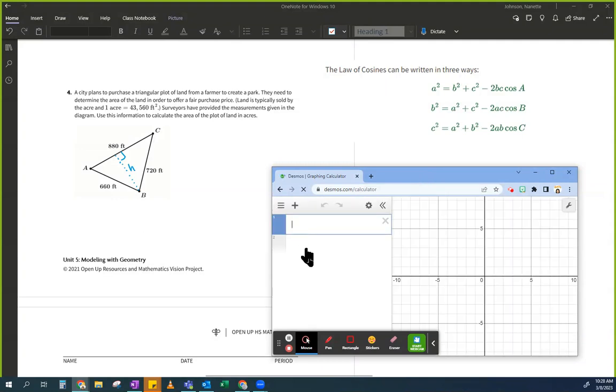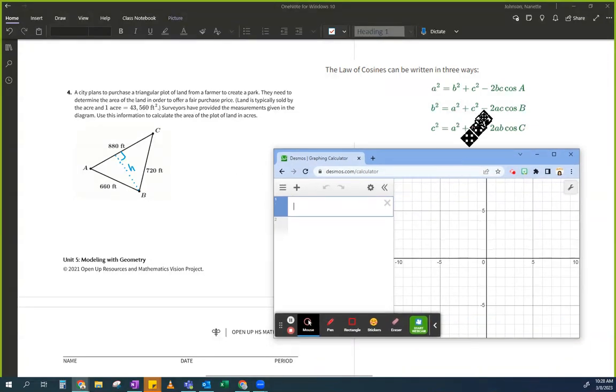I'm going to use my Desmos calculator to show you every single line, and then I'll snap a picture and put it here. Okay. So does anybody know which one we should use? Should I use formula 1, 2, or 3? Someone asked, hey, Ms. Johnson, is the law of sines sine of angle over side?